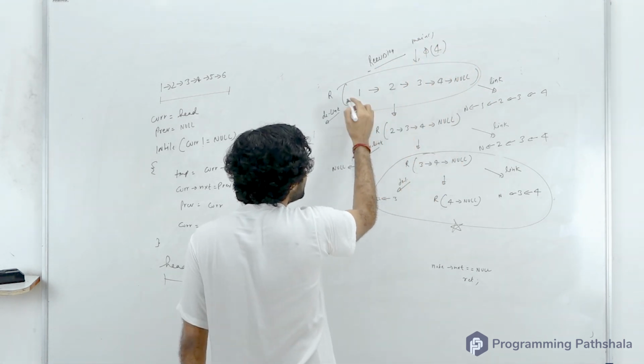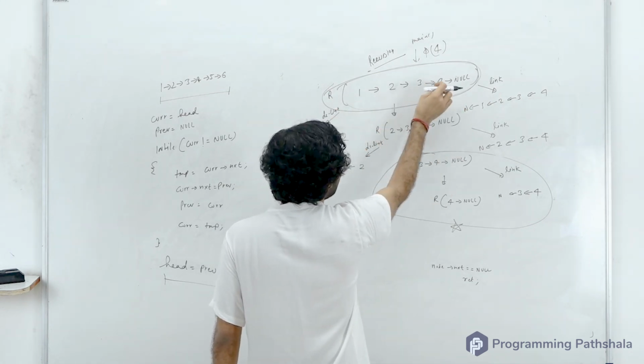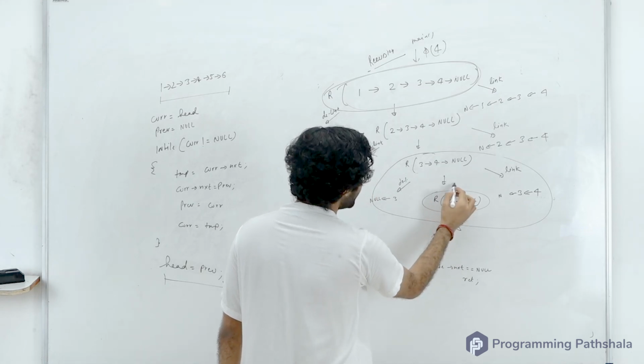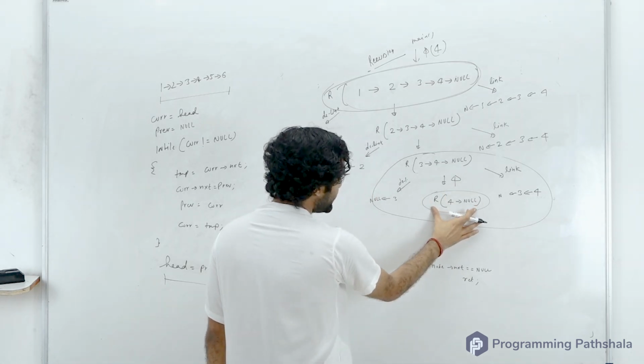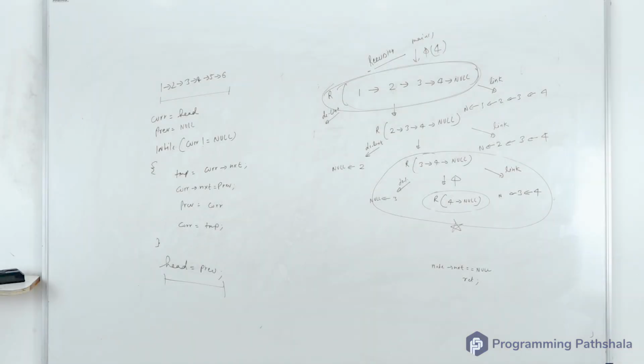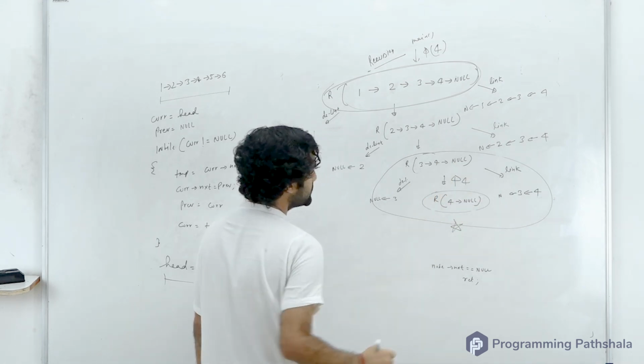So it is the responsibility of every method call to return the head. What will be the responsibility of this to return to its parent? It should return the head of this linked list. What is the head of this linked list? When this is reverted, what will be the head of the linked list? Can you tell me that? So it should return to its parent the value 4.